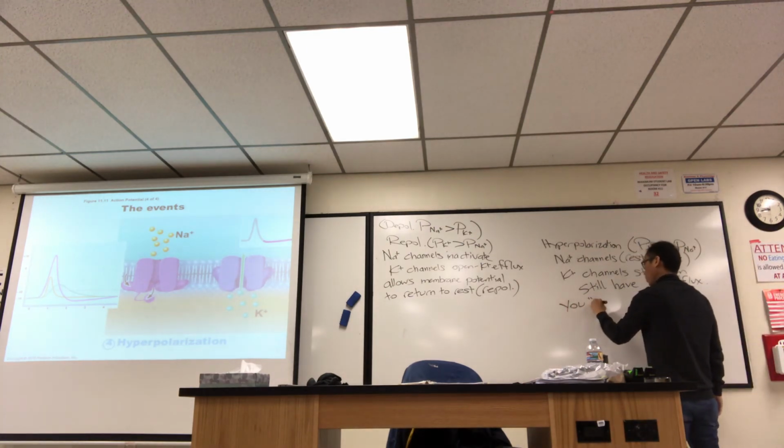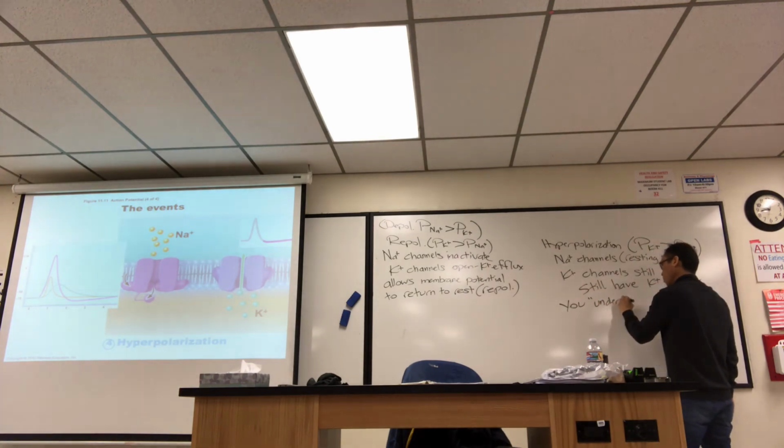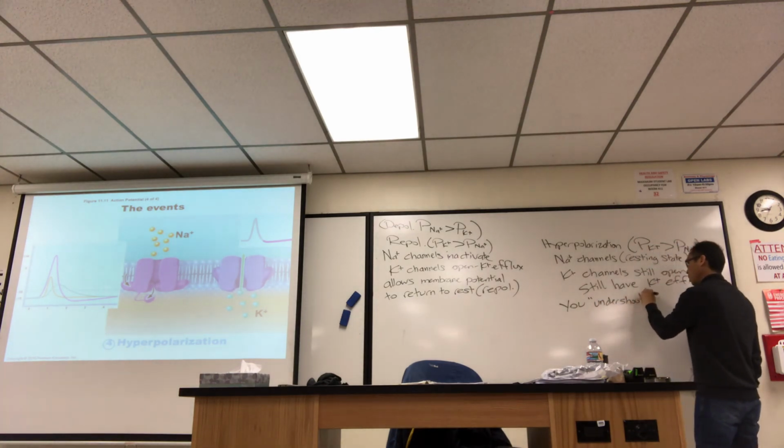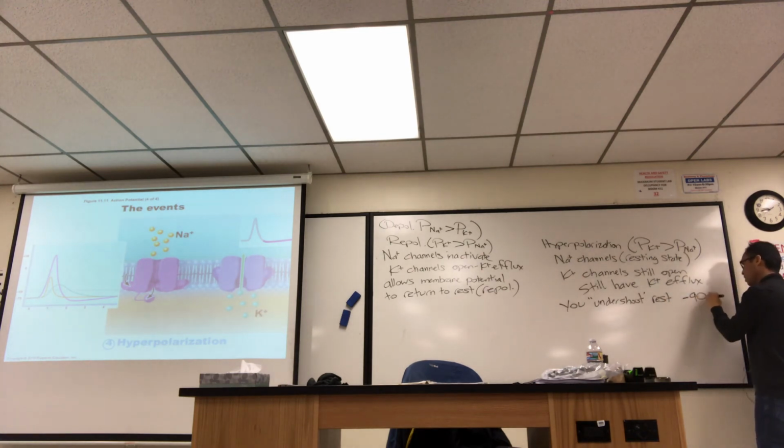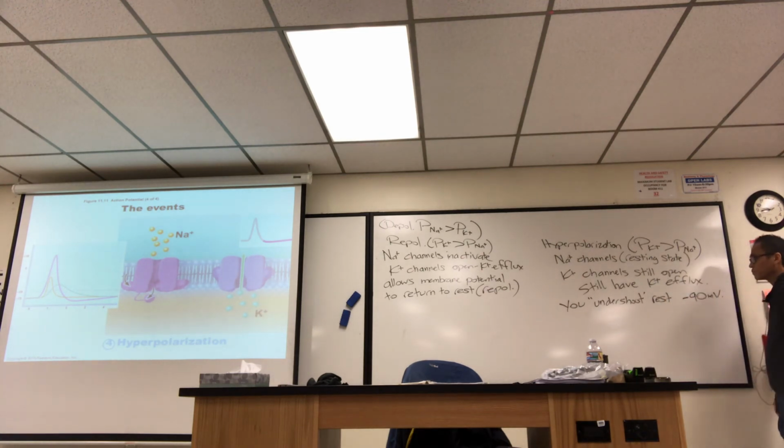You, quote unquote, undershoot rest. So maybe you go all the way to minus 90 millivolts, something like that. But you don't stay at minus 90. When the voltage-gated potassium channels finally close, the leak channels and the sodium-potassium ATPase pump will eventually get you back to rest.